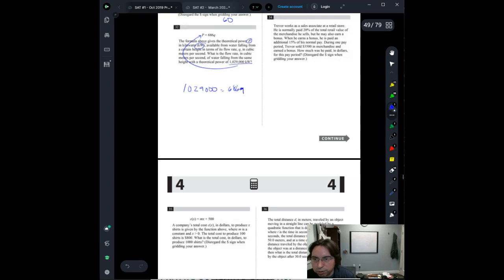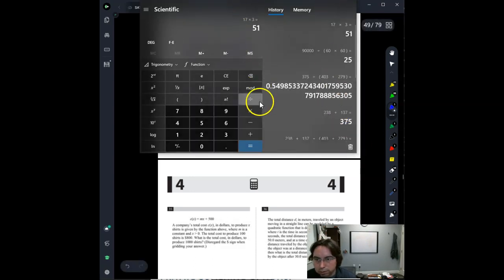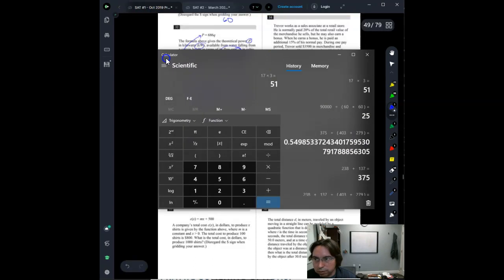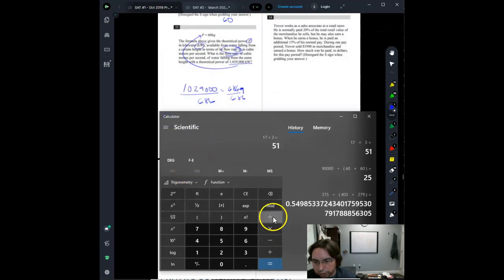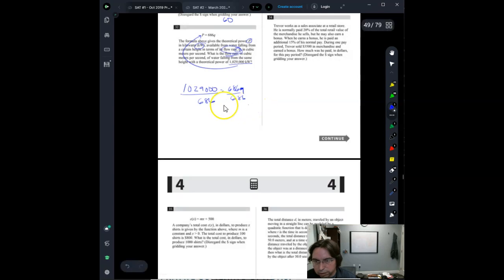And so we're essentially solving for Q because we're solving for the flow rate, and flow rate is equal to Q right there. So we're going to divide by 686. We'll pull out our calculator there. Sorry, covering that up. So what we would have here is 1029000 divided by 686. So it's 1500. So yeah, we see that 1500 equals Q.